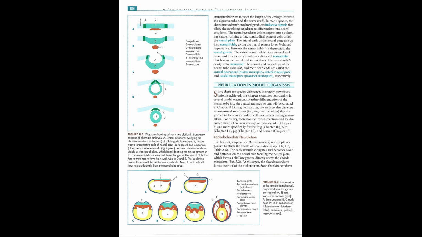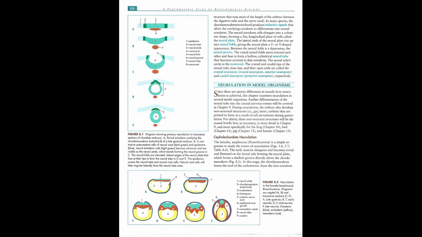Neurulation in model organisms. Since there are species differences in exactly how neurulation is achieved, this chapter examines neurulation in several model organisms. Further differentiation of the neural tube into the central nervous system will be covered in Chapter 9. During neurulation, the embryo also develops non-neuronal structures, i.e., gut, heart, coelom, that are primed to form as a result of cell movements during gastrulation.